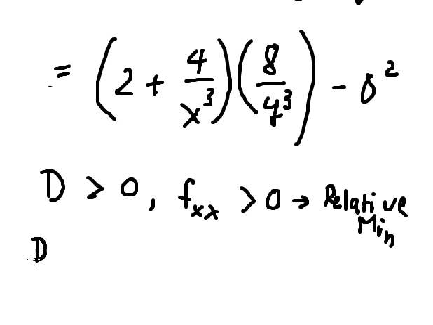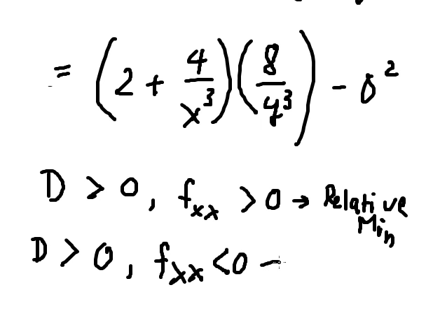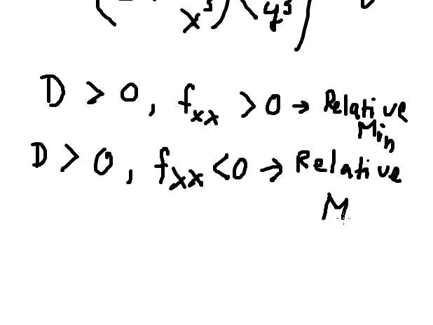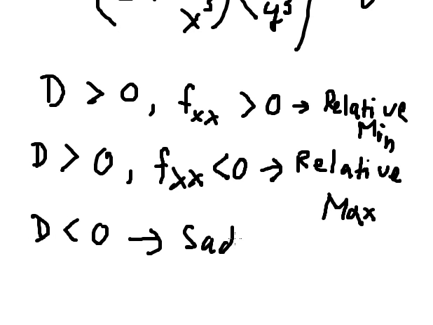So if this is greater than number 0 and this one smaller than number 0, this is a relative maximum. And if D is smaller than number 0, that is a saddle point.